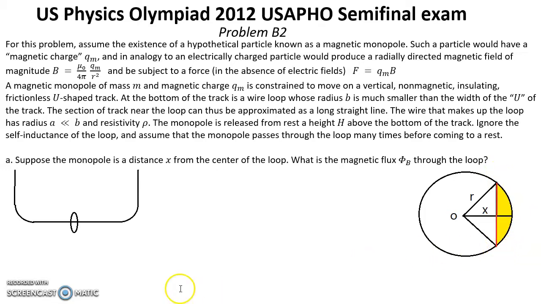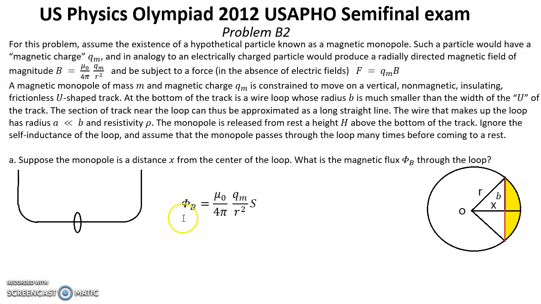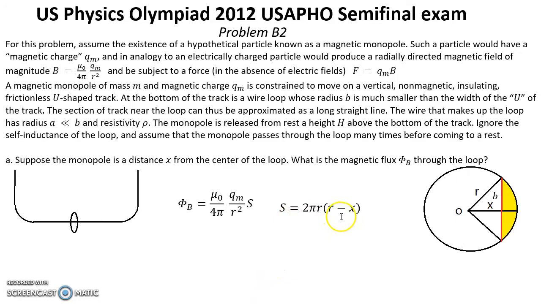This is the magnetic flux through this area S, which is the yellowish segment, and we just need to count this area, and from geometry we can say that it's equal to this expression.